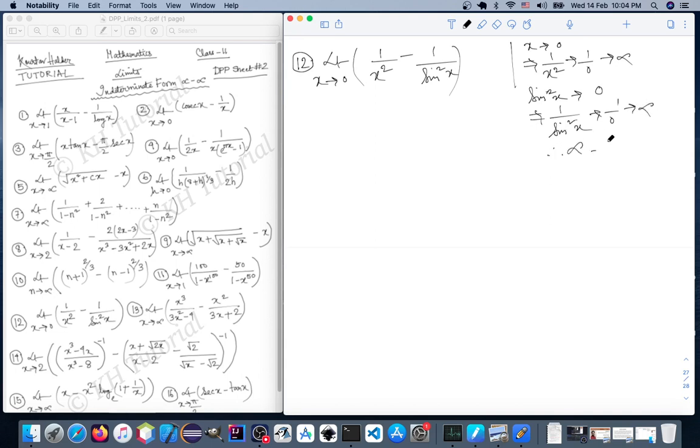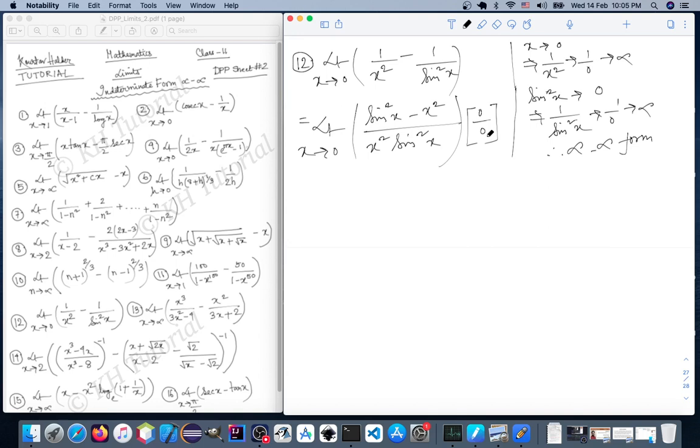So therefore it has the infinity minus infinity form. Let's simplify the given limit and we get sine square x minus x square by x square sine square x. So this is of the form 0 by 0.